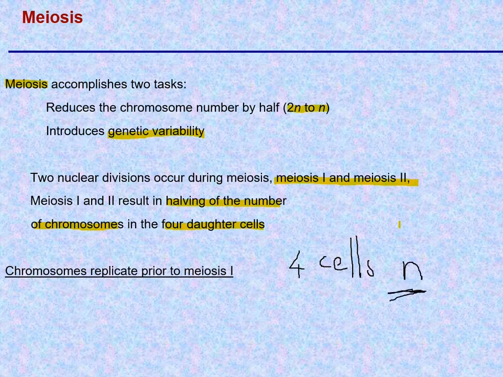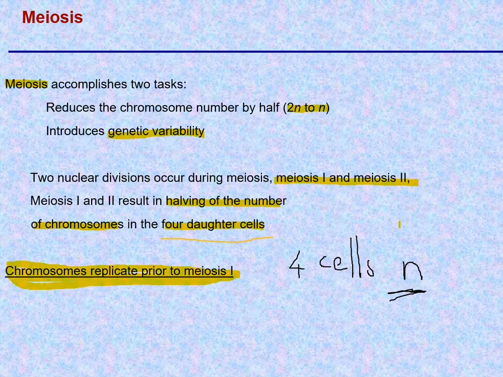Okay, now just to help you understand how you can go from one type B spermatogonium to 4 daughter cells, it's important that you understand that the chromosomes actually do replicate just prior to meiosis 1. So you get a doubling or replication, and then it goes into meiosis.